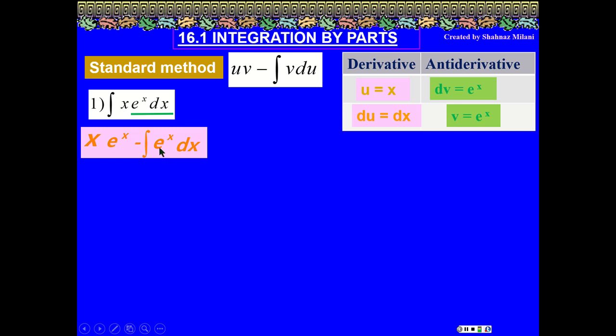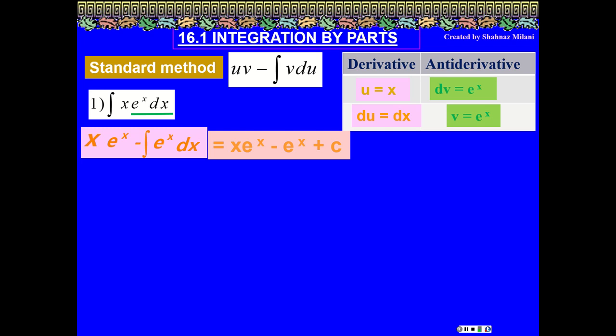The antiderivative of e to the exponent x is e to the exponent x. But again, don't forget, I'm going to carry down the first part. This minus, I'm going to carry it down. The antiderivative of e to the exponent x is e to the exponent x. Don't forget, in the end, plus c.